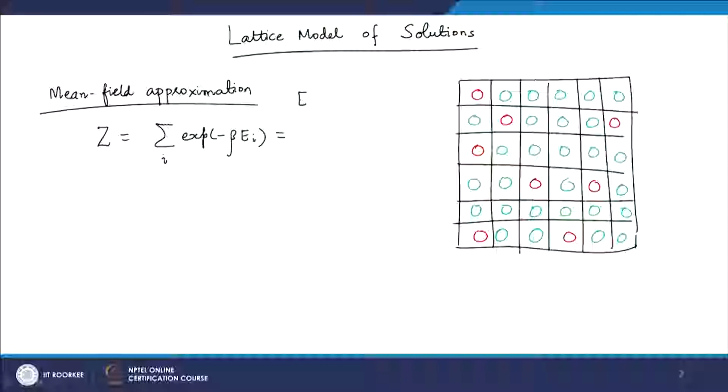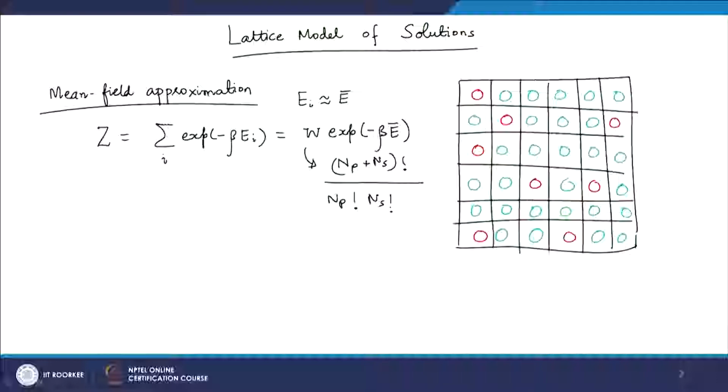If I assume E_I is approximately equal to the mean energy, I can write this as W multiplied by exponential of minus beta E bar, and we can get W, the number of configurations, by simple combinatorics. It is (N_P plus N_S) factorial by N_P factorial N_S factorial.